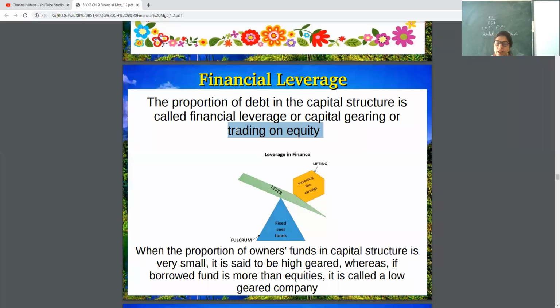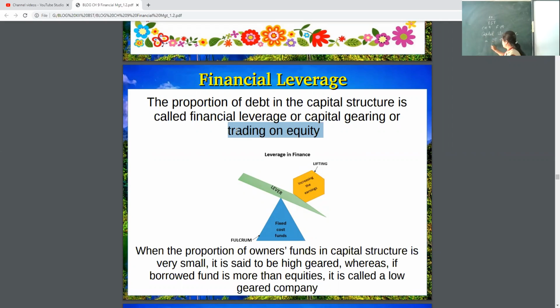Leverage in finance is the proportion of debt in the total structure. See, just now I told you that the capital structure of the company is the combination of two things: own fund plus borrowed fund.